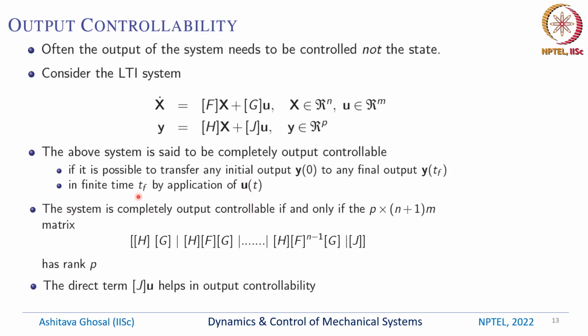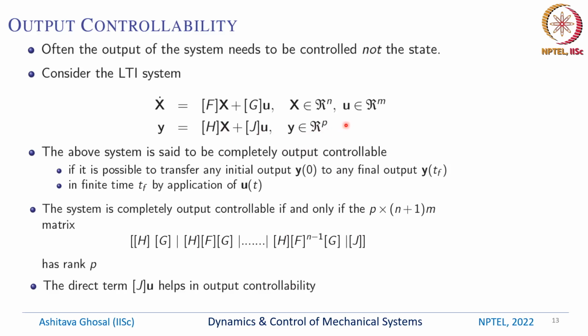And it turns out that the system is completely output controllable if and only if the p cross (n plus 1)m matrix HG, HFG, and so on up to HF to the power n minus 1 G, appended with the J matrix, has rank p. Remember, y is Hx plus Ju, so the dimension of y is p cross 1.